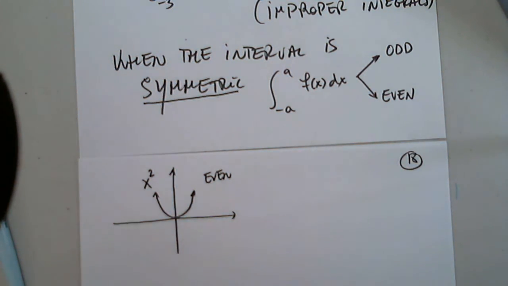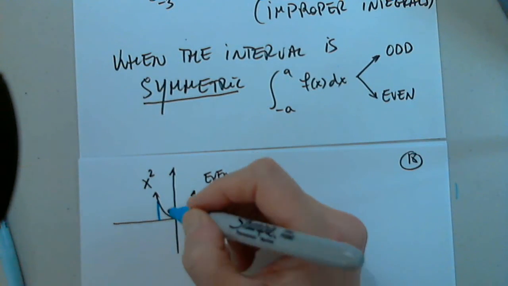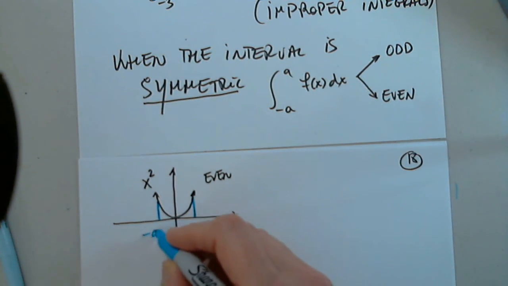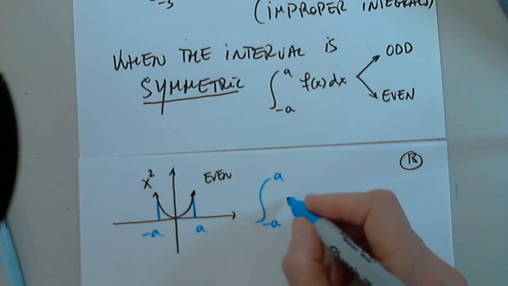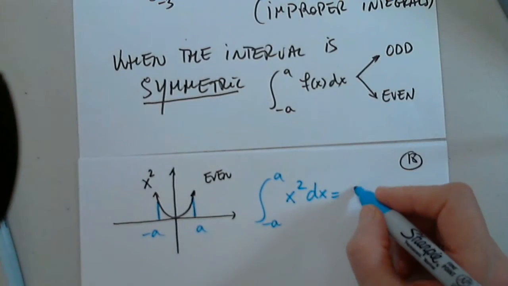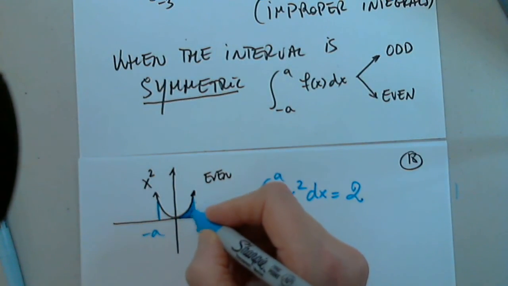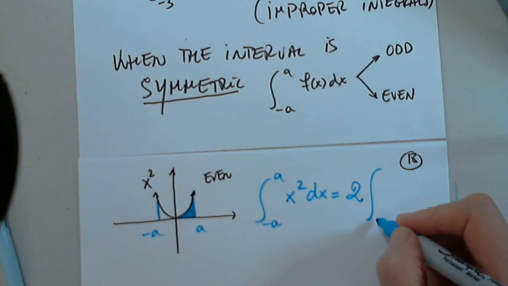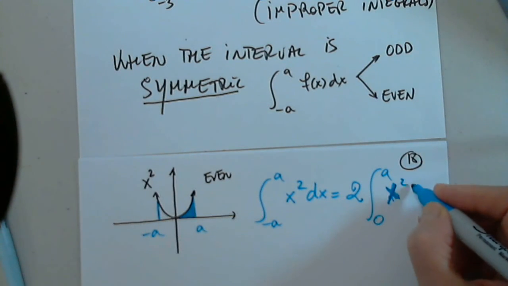So if I want to determine the area under the graph, let's say between -a and a, the integral from -a to a of x squared dx can be replaced by twice this area, from 0 to a of x squared dx.